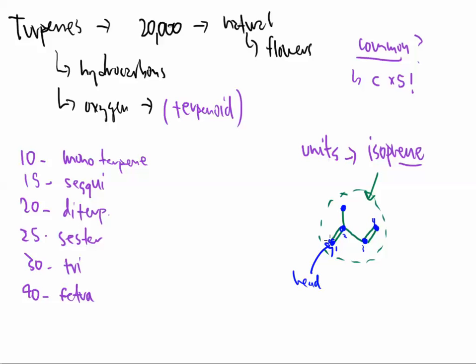So because of that, this carbon is carbon number 1, so it's the methyl group, the carbon involved in the double bond, and that carbon on the end, that is the head, and this is what we call the tail of the isoprene unit. So these isoprene units begin to hook up from head to tail.